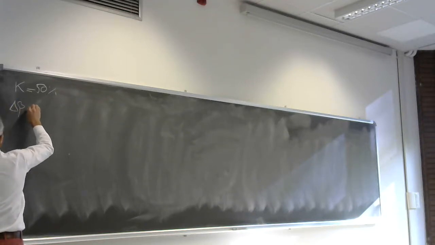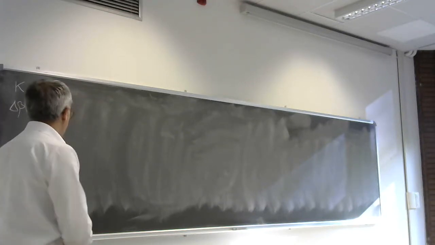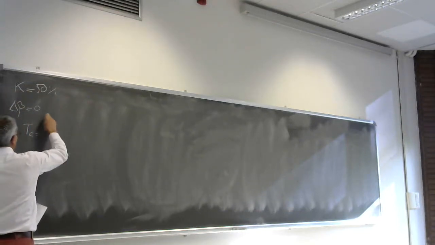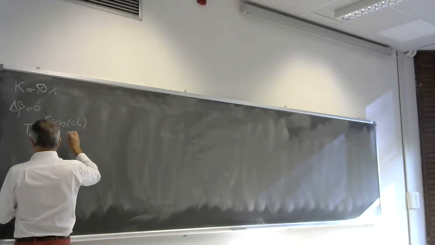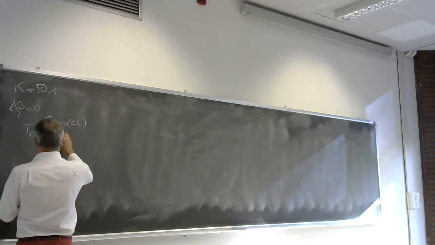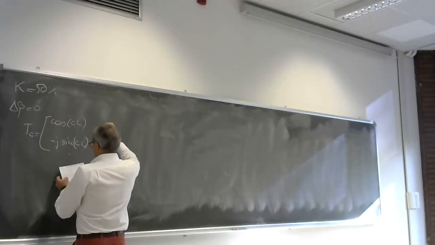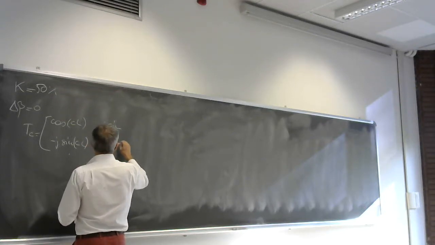The first one is delta beta equal to 0. Everyone uses delta beta equal to 0. The transmission matrix is cos CL, minus j sin CL, minus j sin and cos.